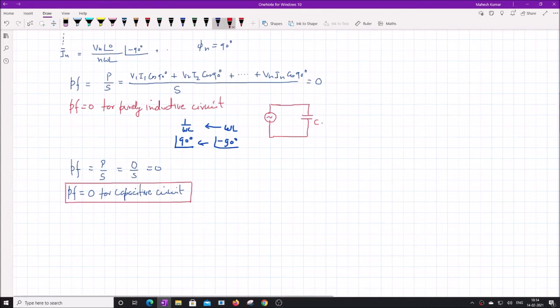So you see that the power factor is unaffected, it remains the original power factor in case of purely resistive and purely reactive networks, whether it is capacitance or inductance.